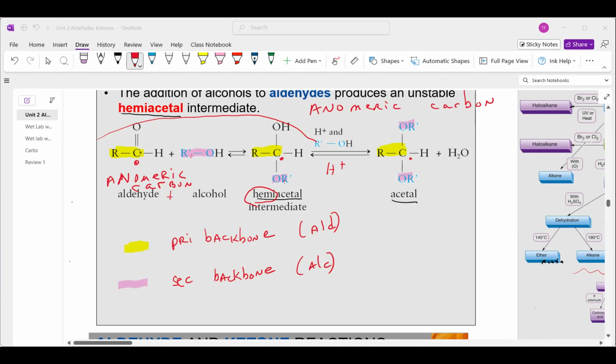Okay, so we have the same alcohol added again, and that's going to be the secondary backbone, and that's going to attach here.